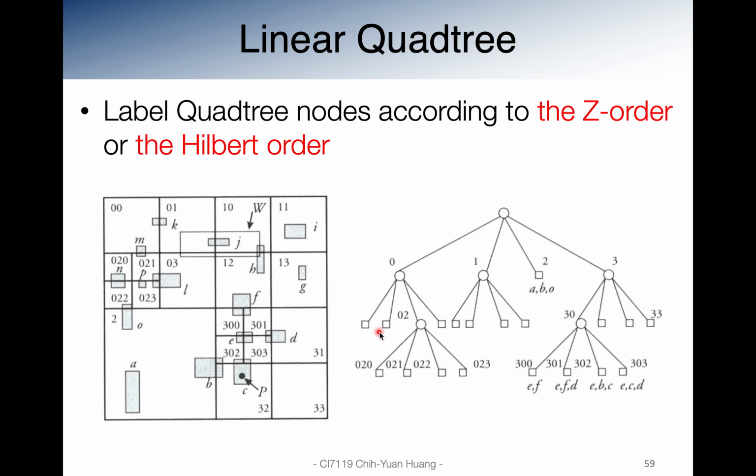So it's basically the order 1, 2, 3, 4, 5, 6, 7, 8, 9, and so forth. And then you can link them.